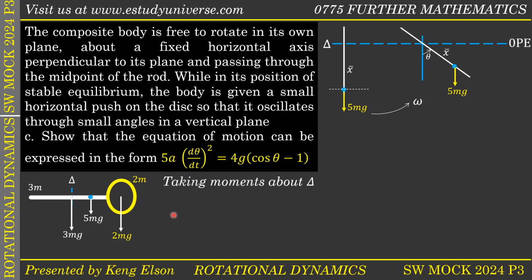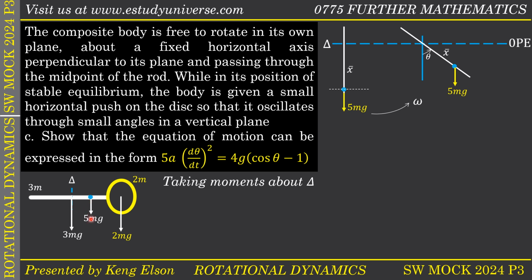Now we need to take moments about the axis delta, and when we take moments about the axis delta, we just have that the clockwise moment equals the anti-clockwise moment. But clearly from here you realize that this 3 mg will have no moment, since it is acting on the axis. So there is no perpendicular distance from the weight 3 mg to the axis.